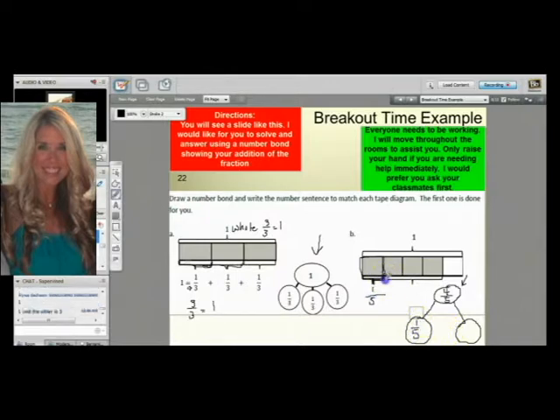Now let's look right here. How many is this bar representing? Who can tell me? Benjamin, can you tell Miss Brister? Okay, he put it in the chat, 3. I just saw it. Who else can back him up? Grayson, what do you think? 3. So what would my fraction be?